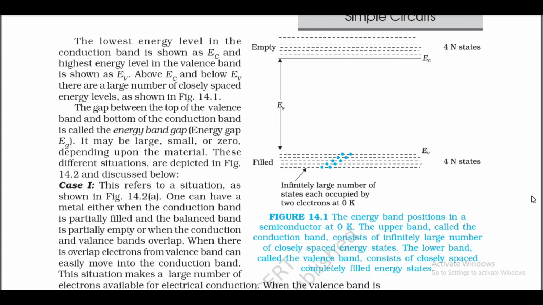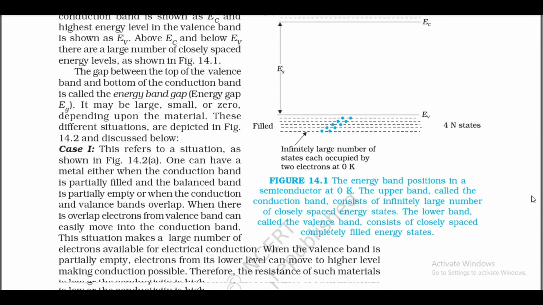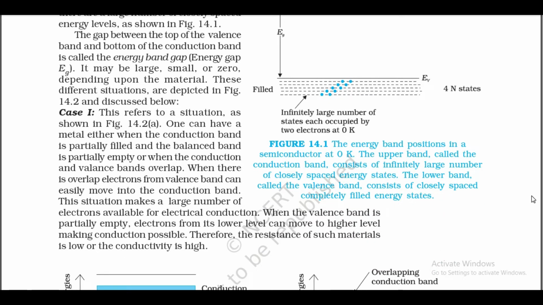Above Ec and below Ev, there are a large number of closely spaced energy levels, as shown in Figure 14.1. The gap between the top of the valence band and the bottom of the conduction band is called the energy band gap. The energy gap, Eg, may be large, small or zero depending upon the material. These different situations are depicted in Figure 14.2 and discussed below. Case 1. This refers to a situation as shown in Figure 14.2a. One can have a metal either when the conduction band is partially filled and the valence band is partially empty, or when the conduction and valence bands overlap.